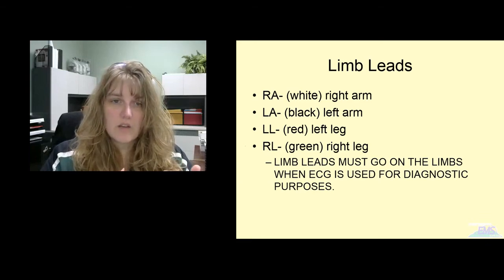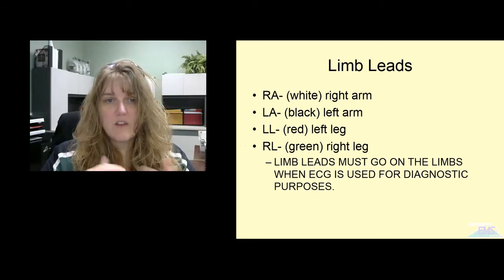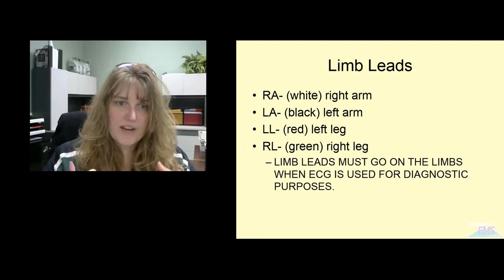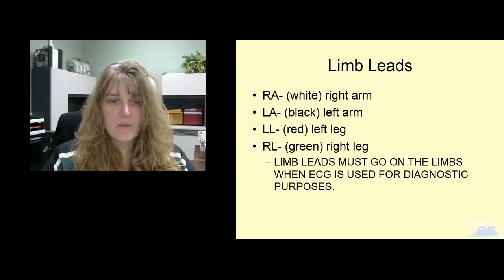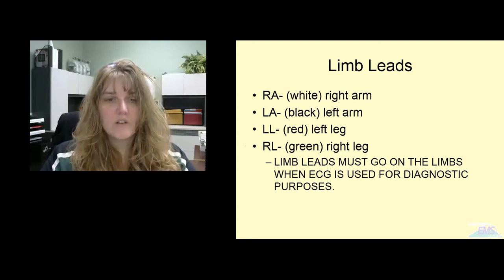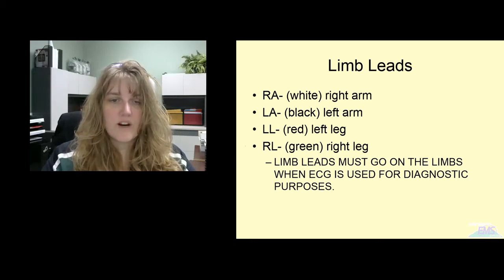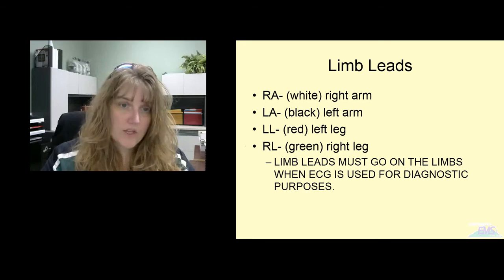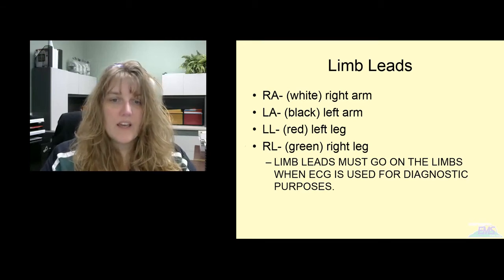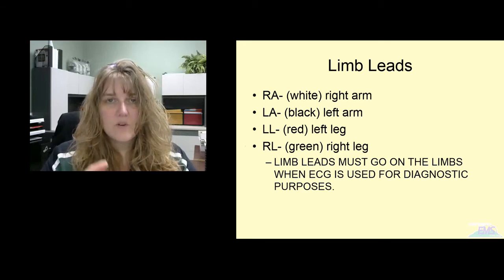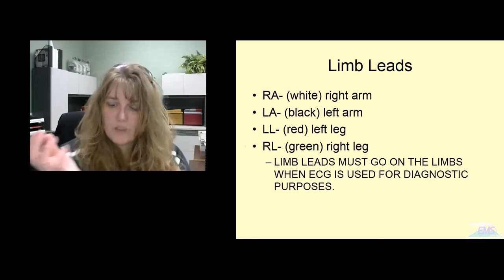So we look at the RA, LA, so you have your right arm and left arm, that's your white and your black, and then your left leg is going to be the red, and then your RL is green. I always say that green is grass, the white on right, smoke over fire, green is grass. Green is our ground, so that's the right leg. And the limb leads have to go on the limbs when you're doing the EKG for 12-lead purposes.